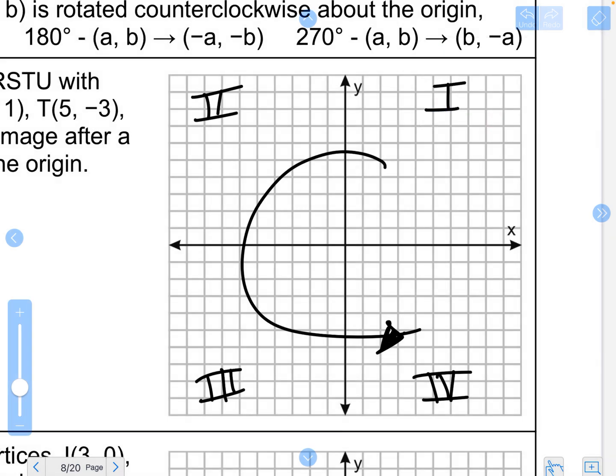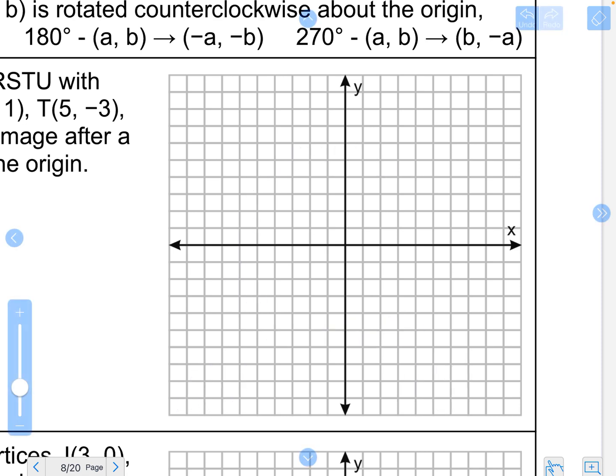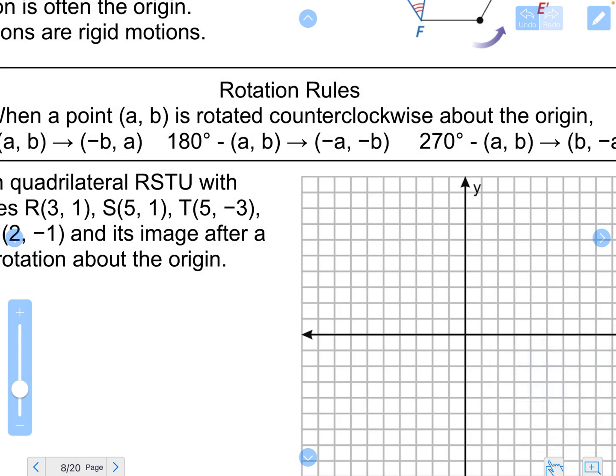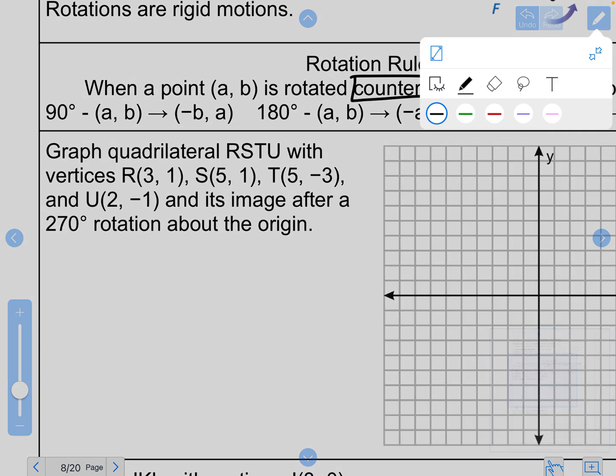If it doesn't say what direction to go, assume that it means counterclockwise, but occasionally you will see a problem that says rotate clockwise. So again, this is just a real quick note: assume everything is counterclockwise, and all of our rules are written for counterclockwise.